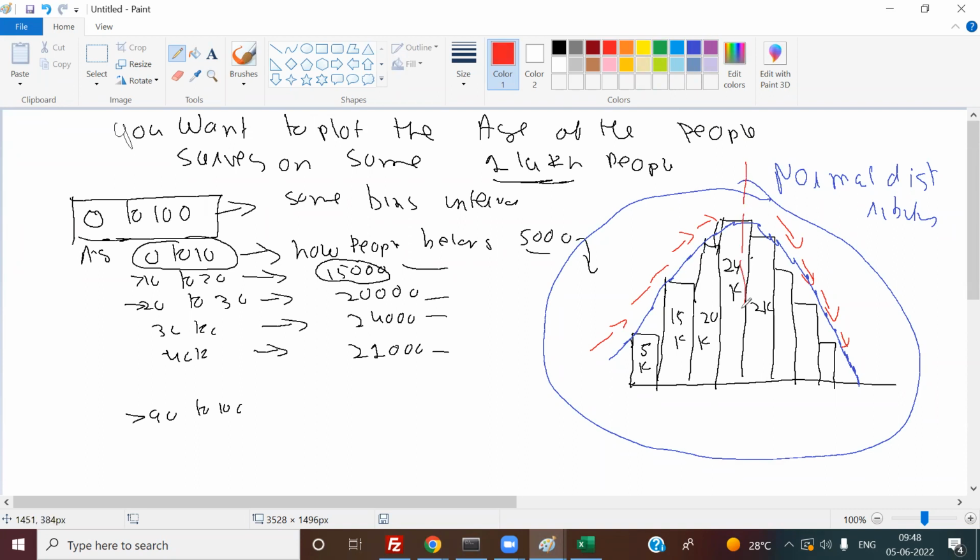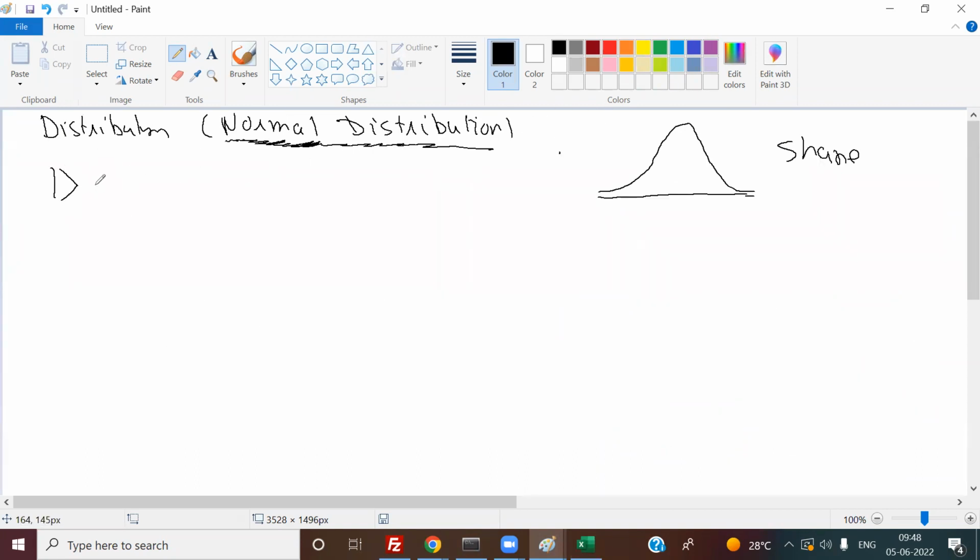This line would act as your mean and also your median. So in normal distribution, mean is equal to median. It is equal to mode. Mode is the most frequent value. Mean equals median equals mode.